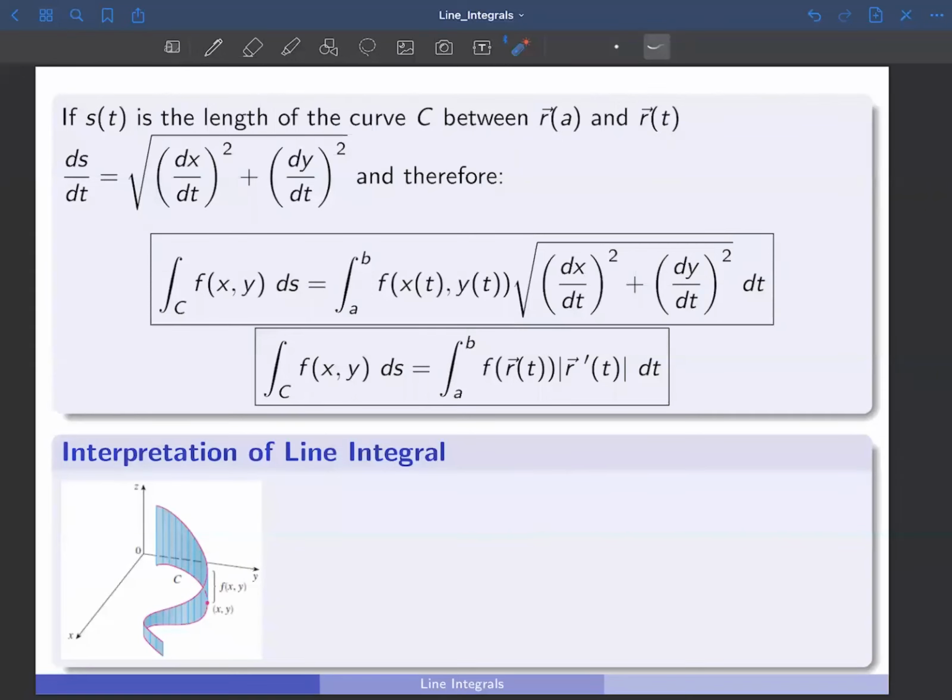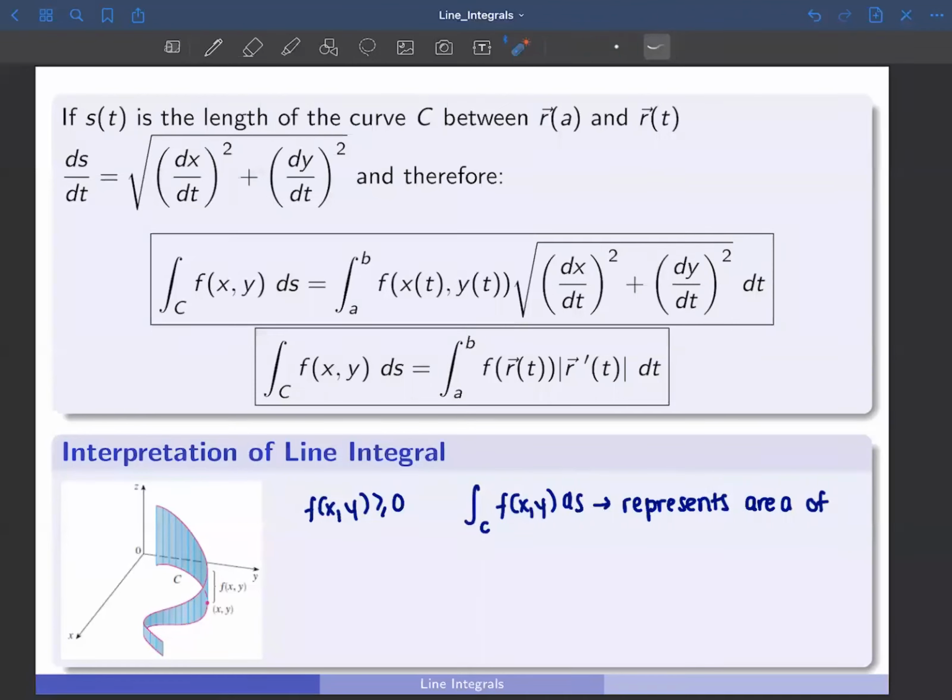Now, how can we interpret the line integral? Just as for an ordinary single integral, we can interpret the line integral of a positive function as an area. So if we have a function f of x comma y that is greater than or equal to 0, then the line integral along the curve C of f of x comma y times ds represents the area of one side of the curtain.